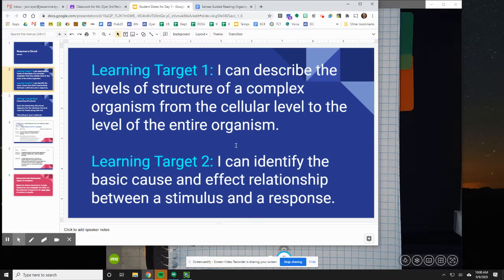And that will allow us to look at a cause and effect relationship and also talk about this level of structure from cellular level to the entire organism and how all of this works together to give a cause and effect relationship when we're looking at a stimulus and a response. So we can trace from when we have a stimulus to when we have a response, and we can see what all is involved in that.